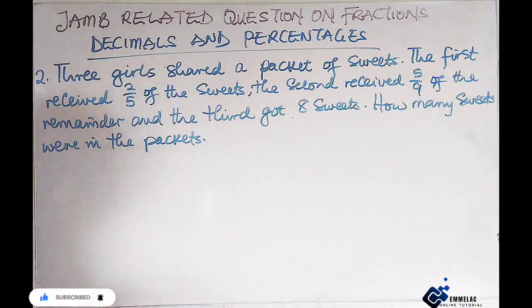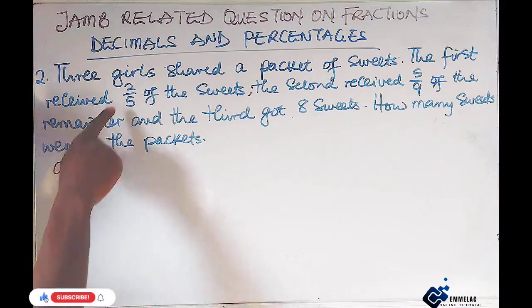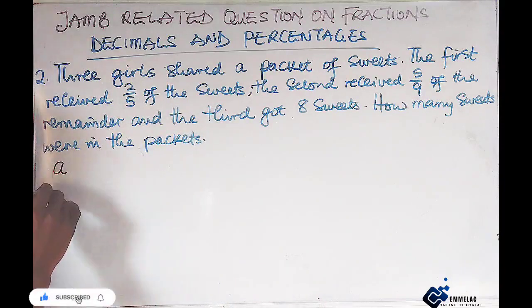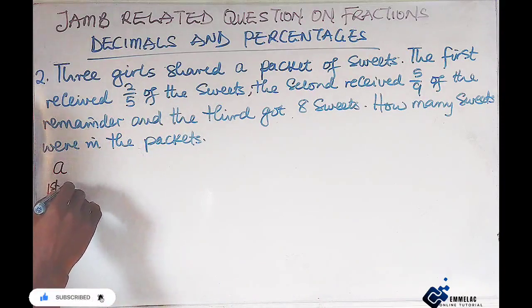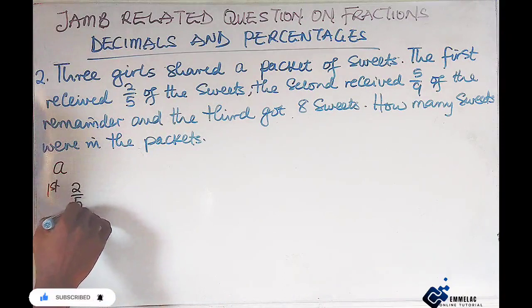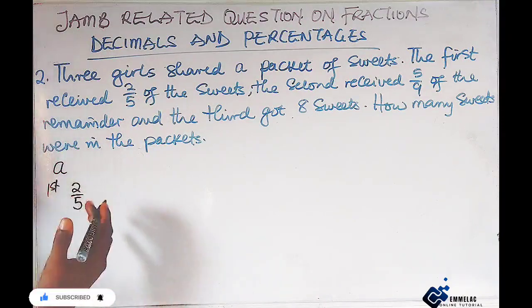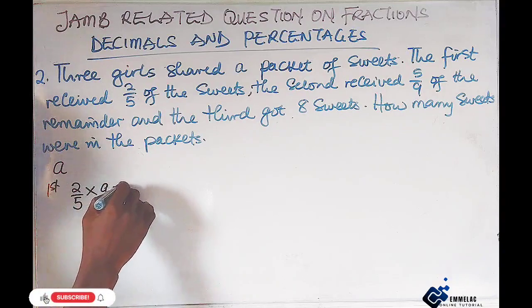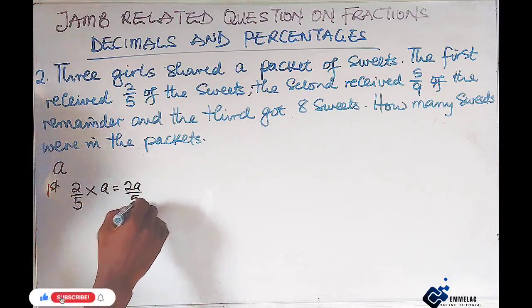Let us represent A as the total number of sweets. 2/5 of the sweets is for the first girl, so here you have 2A over 5.